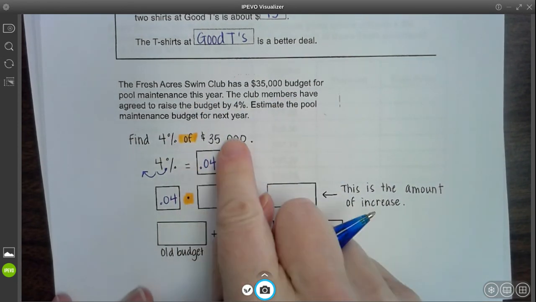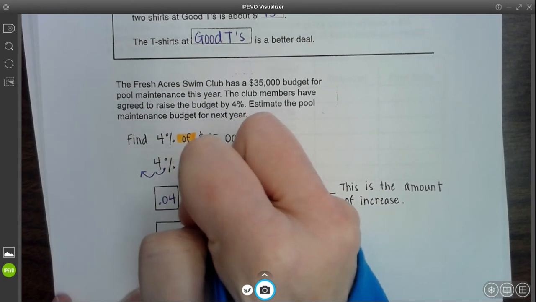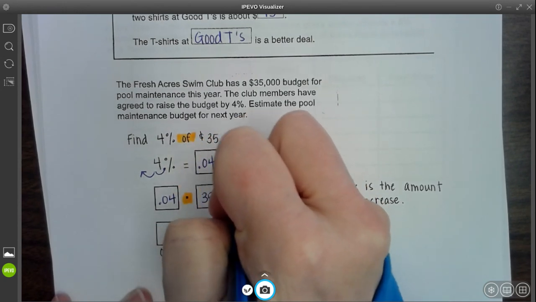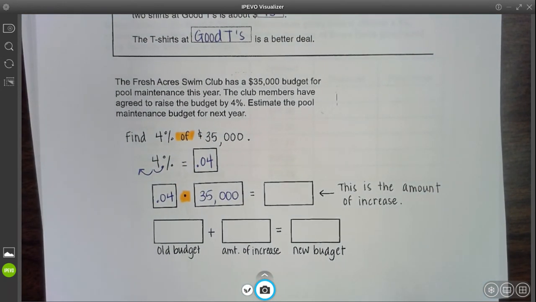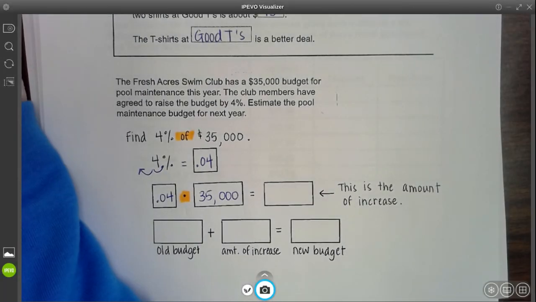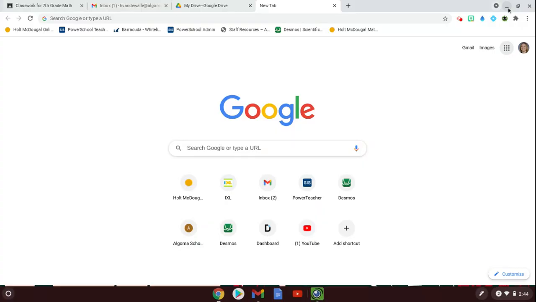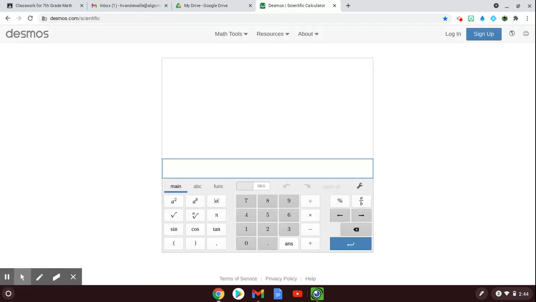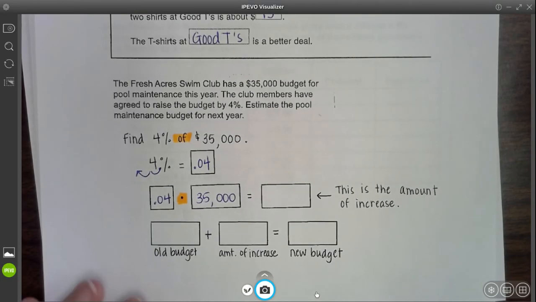Of means multiply, and then I'm going to bring that 35,000 in there. Okay, so I am not going to estimate this in my head. I'm going to go right into Desmos, and I'm going to evaluate it. Okay, so 0.04 times 35,000 is $1,400.